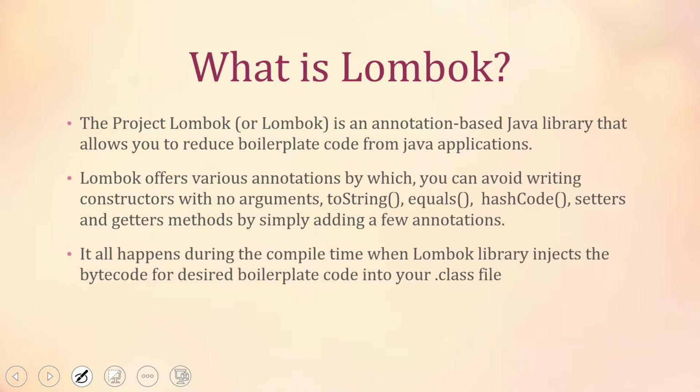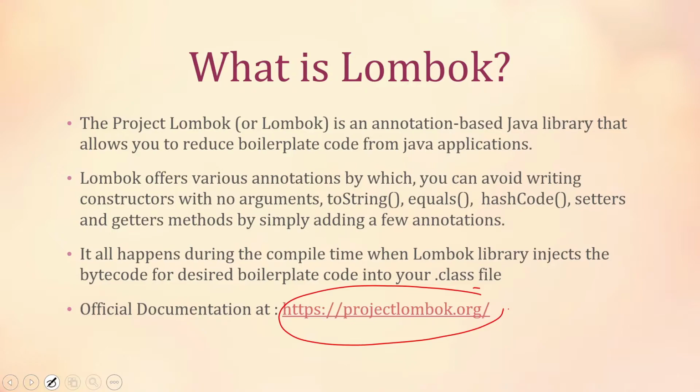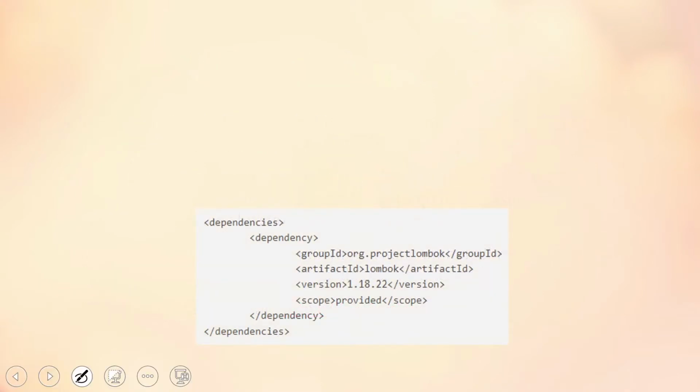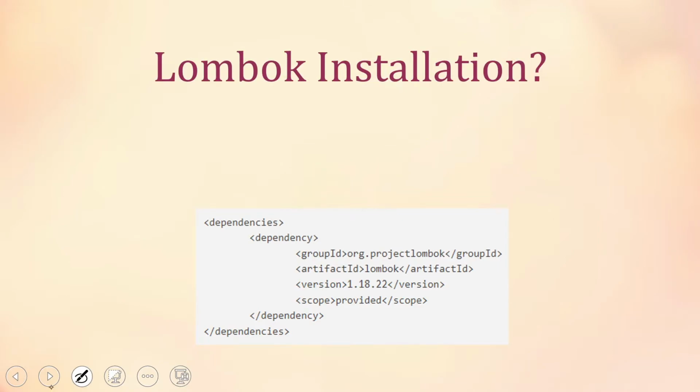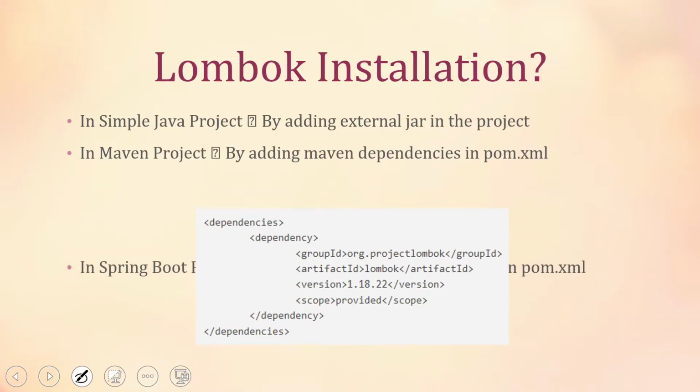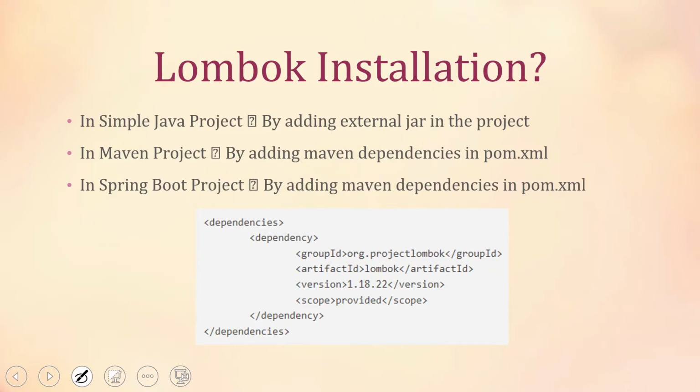And this is the link of the official documentation, guys. So let's quickly see the installation part of Lombok, how you can use it in your project. Lombok installation could be in a simple Java project, a Maven project, or a Spring Boot project.